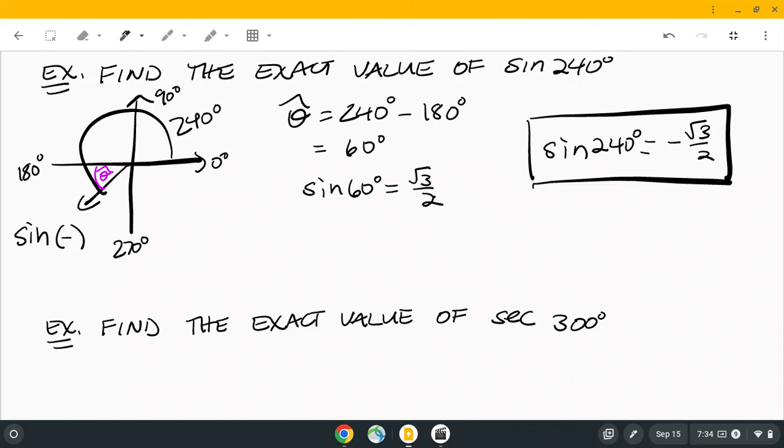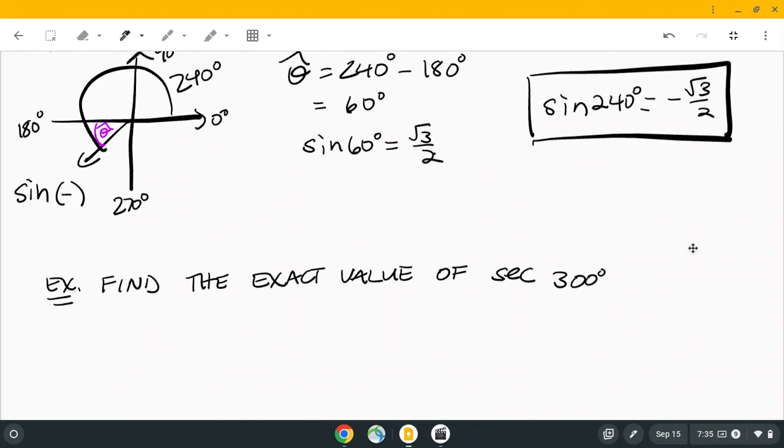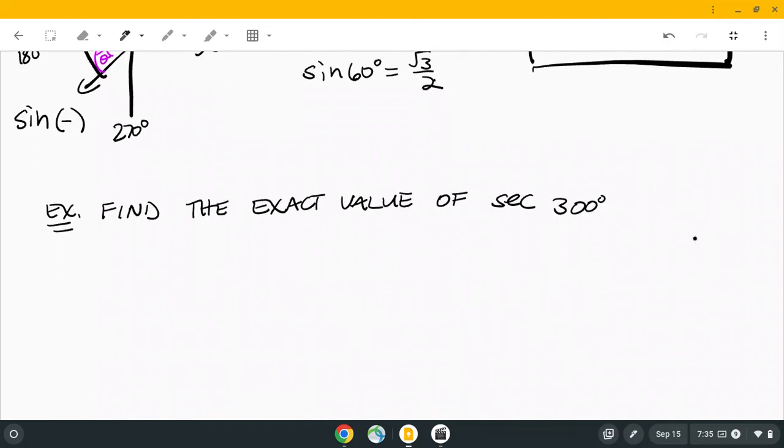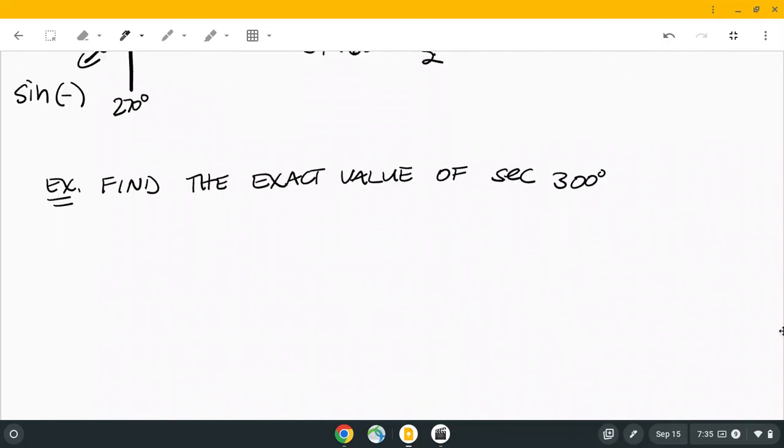If you cut off your decimal answer, then you are not giving us the exact answer. You're giving us a rounded answer. So when they say exact value, they mean give us the radical answer, the answer with the square root, not the decimal. Okay, so find the exact value of secant 300 degrees.